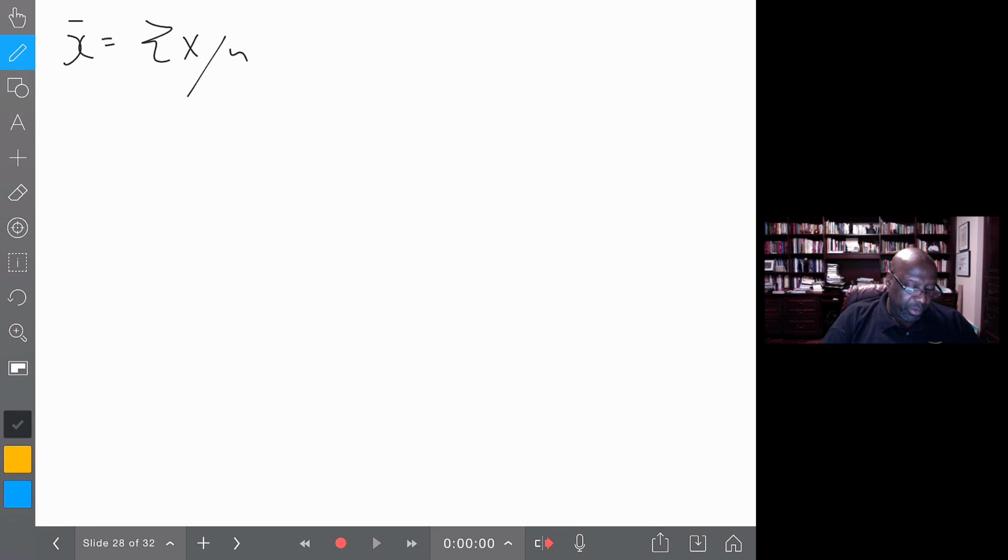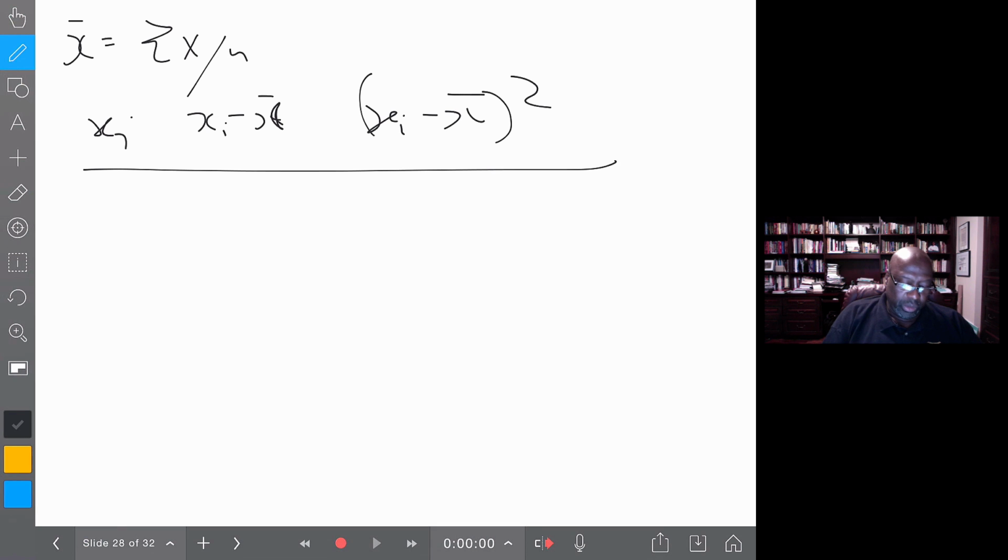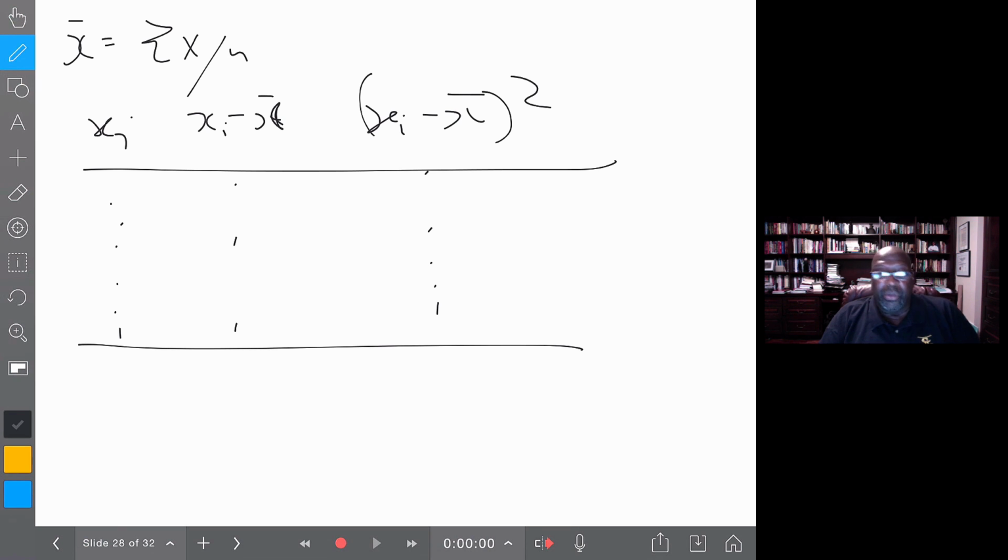And then we would have to put a column with our x values, xi, a column with our xi minus x bar, and that's what you notice in your text, and then xi minus x bar squared. And then we have to put all these values down. That's a lot of calculations, but we don't have to.